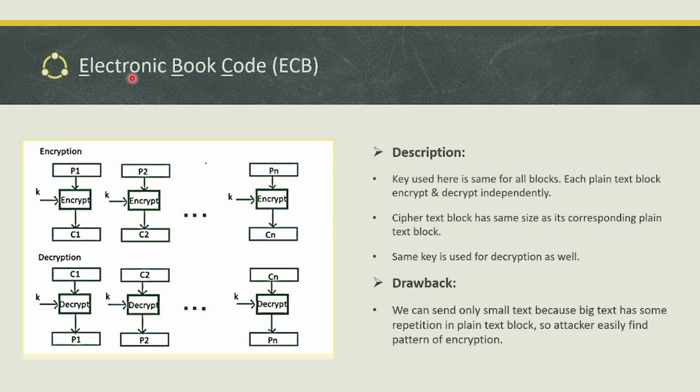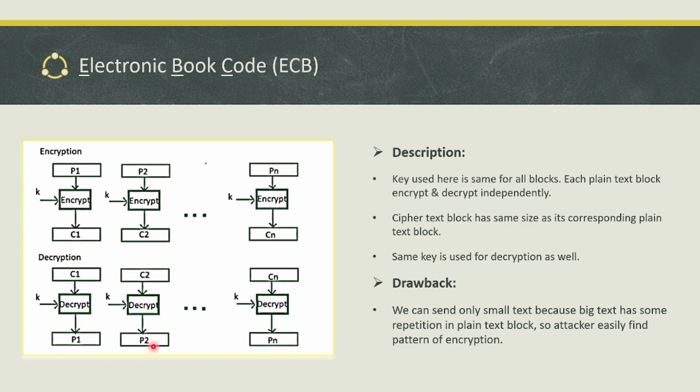You can see the electronic codebook. Here P1, P2 up to Pn are the blocks of plain text, and using this algorithm and key we can produce ciphertext, like you can see that C1, C2, Cn are all ciphertext, and using the reverse process we can also decrypt it and gain our plain text blocks.